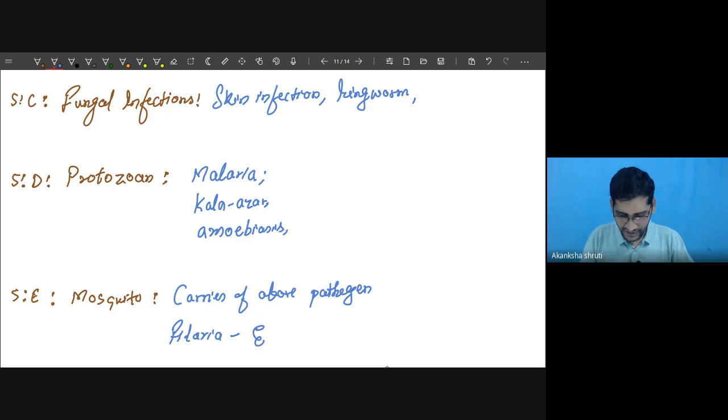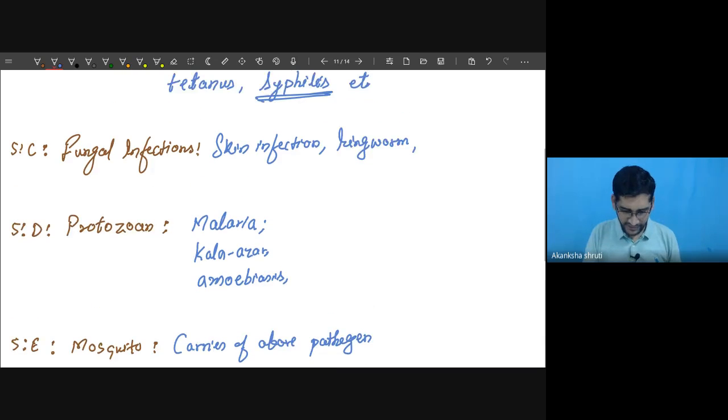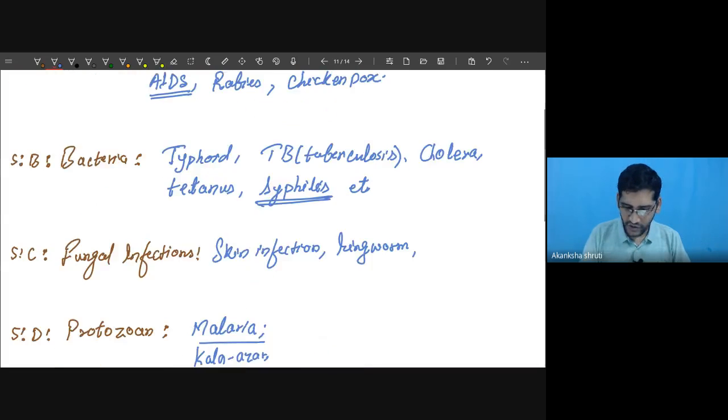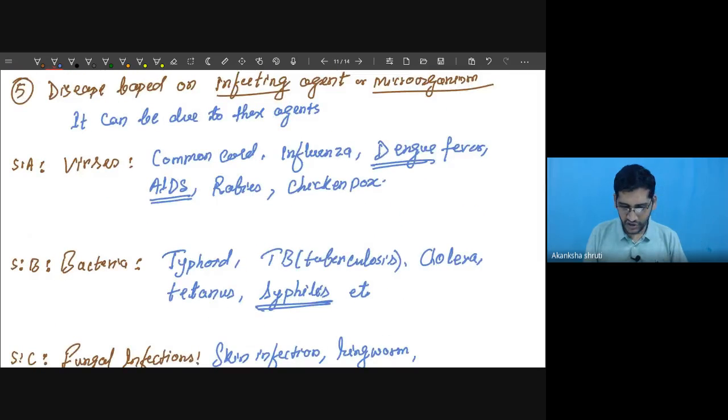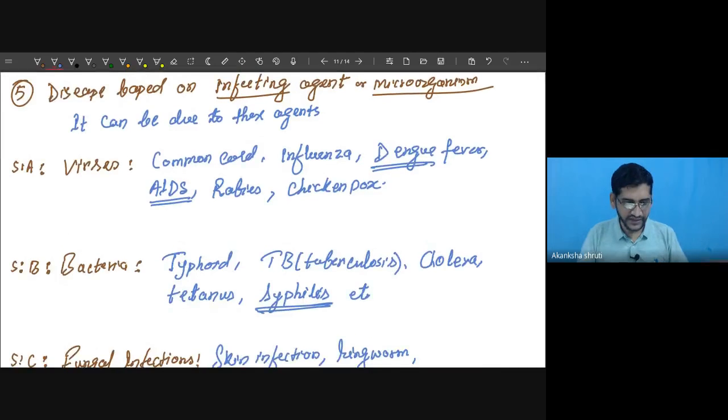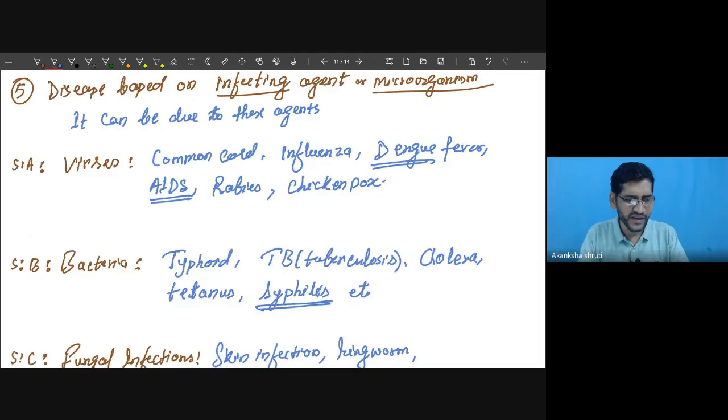So it is also called elephantiasis. Okay. So mosquitoes are nothing but whatever the above, like the malaria mosquito, Anopheles. Like your dengue mosquito. So these are the various categories.